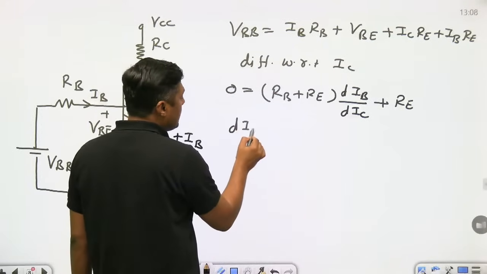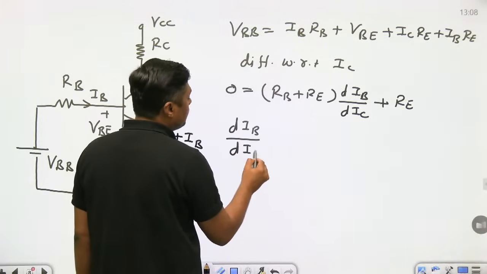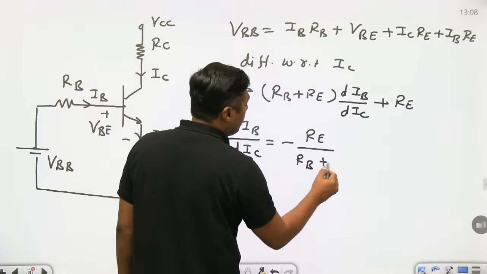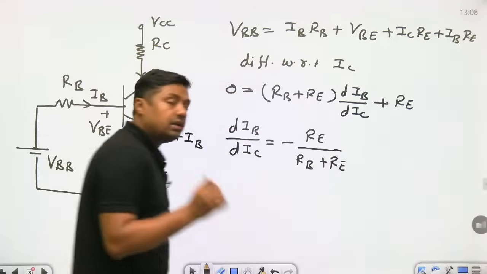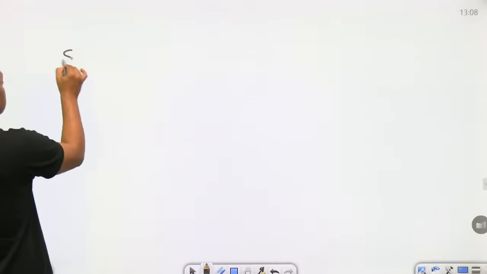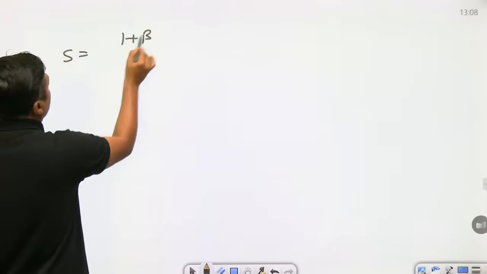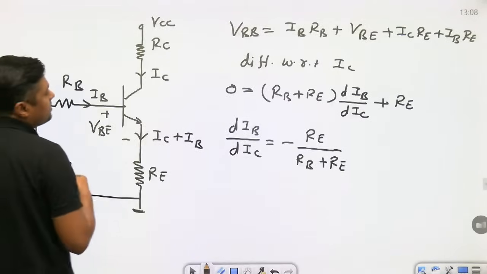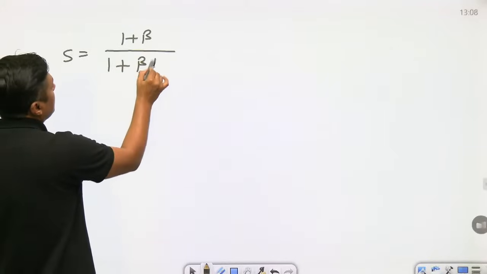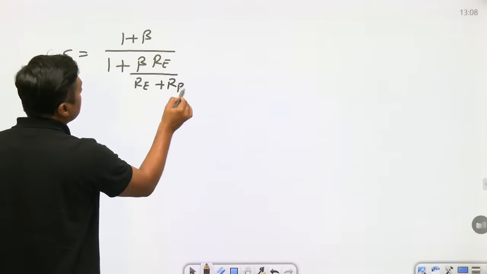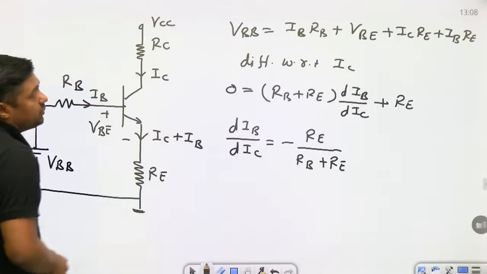So what is DIB by DIC? It is a negative value because there is negative feedback: minus RE upon RB plus RE. Everyone, please, you can't derive the formula during the exam, so you have to remember the value minus RE upon RB plus RE. Already I have given S as 1 plus beta upon 1 minus beta DIB by DIC. What is DIB by DIC? Minus minus becomes plus, RE upon RE plus RB.